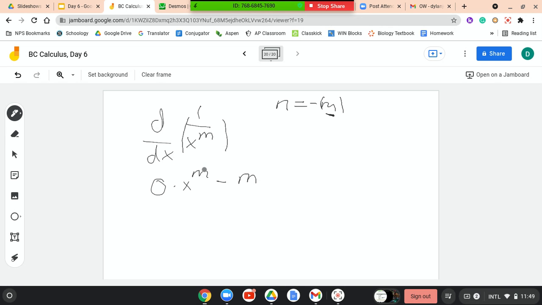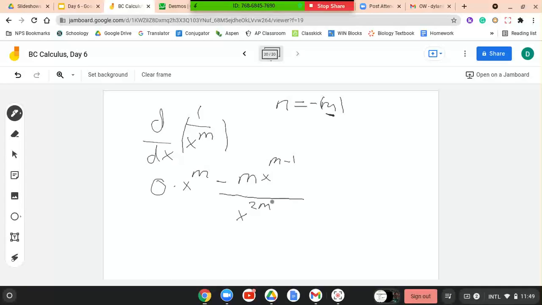We know the power rule works for positive integers, so the derivative of x to the m is m x to the m minus 1 from the power rule, times the original function, which is 1. Then we have to divide it by this function squared.